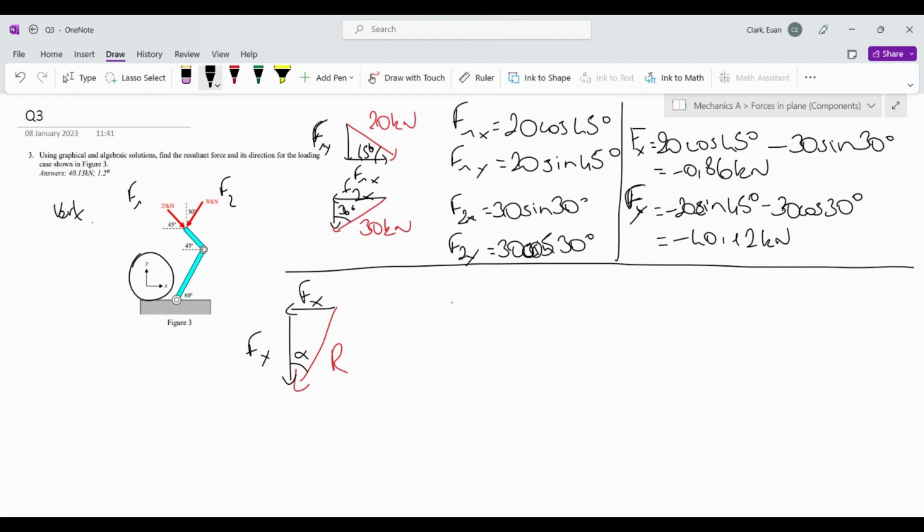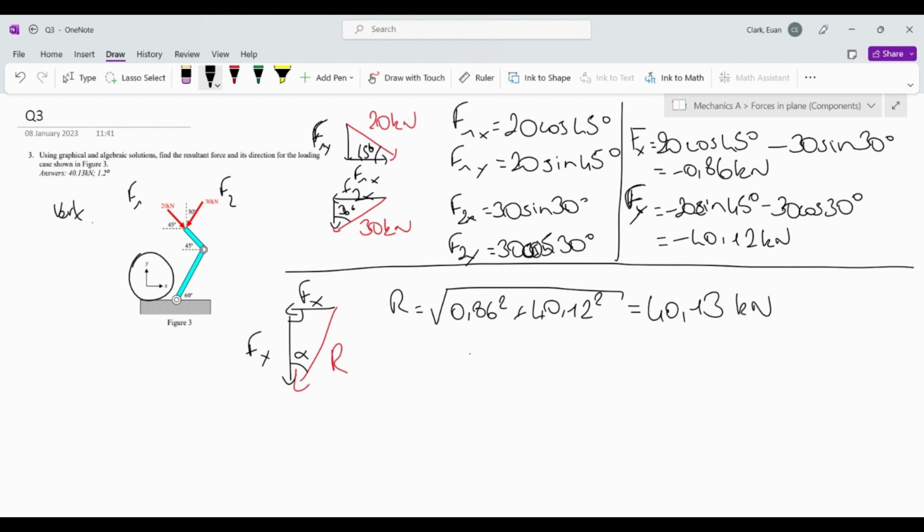Now the resultant force, just like part 1, is just the Pythagoras, because this is 90 degrees. So it's simply going to be Fx squared, so 0.86 squared, plus Fy, 40 squared. And this is going to give us 40.13 kilonewton.